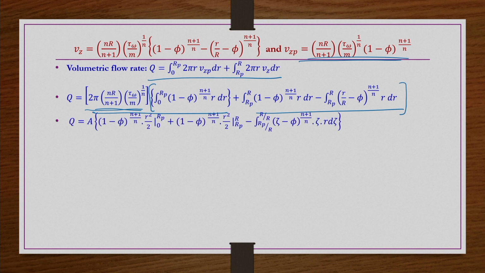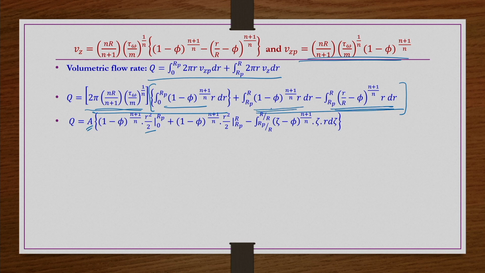Right. So, whatever the 2π nR/(n+1) (τw/m)^(1/n) is there, I am calling it A, so that I do not need to repeatedly write this expression again and again. This is a constant, and when you multiply it with r and integrate, you get r squared by 2 with limits 0 to r_p. Here again these two terms we are going to integrate.